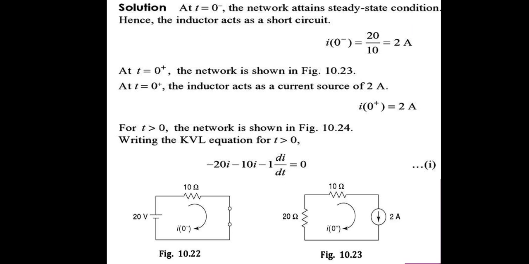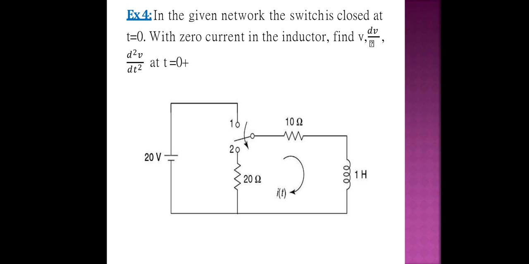This is the solution. At t equal to 0 minus, the network attains the steady state condition, hence the inductor acts as a short circuit. Then I of 0 minus is equal to 20 by 10, with the inductor short circuited.